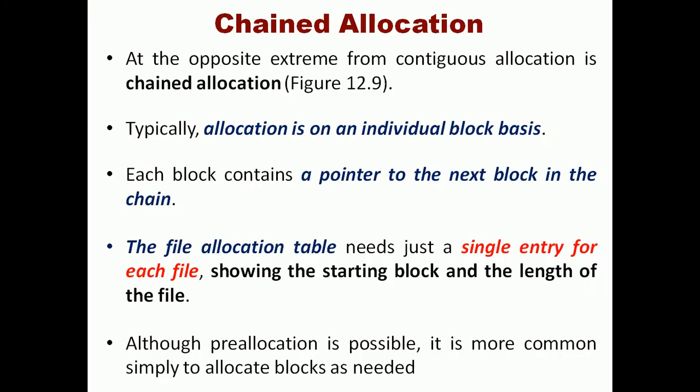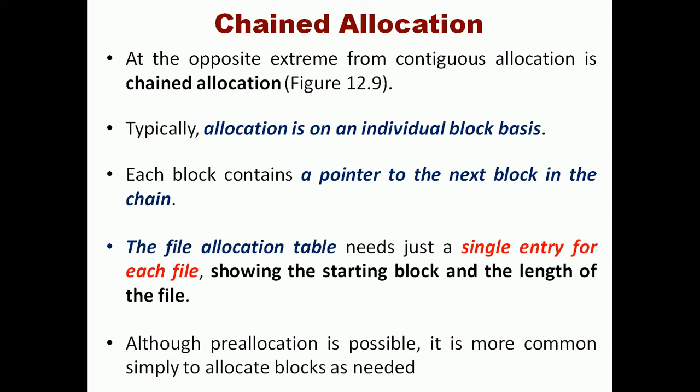The next concept is called chained allocation. It is entirely different from the contiguous allocation scheme. Now allocation is on an individual block basis. It requires a pointer to identify the next block, so the major concern here is that we need to maintain a pointer to identify the next blocks.